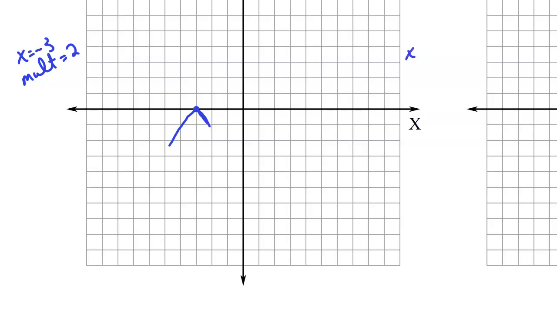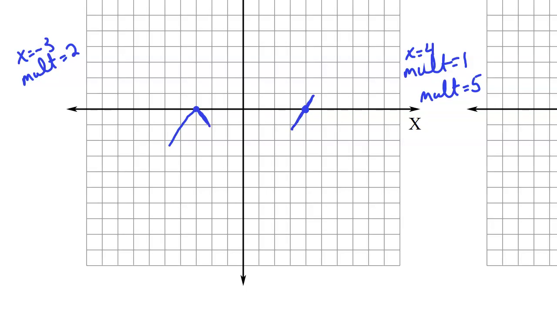Okay? So if you go through the door twice, you're back on the same side as you started with. Now, if you were, let's say, at x equal to 4, and you had a multiplicity of just 1, maybe that means you're going through the door one time. Well, you just go through the door one time, and so you're on the other side. Or if you had a multiplicity of 5, you go through the door 5 times: 1, 2, 3, 4, 5.